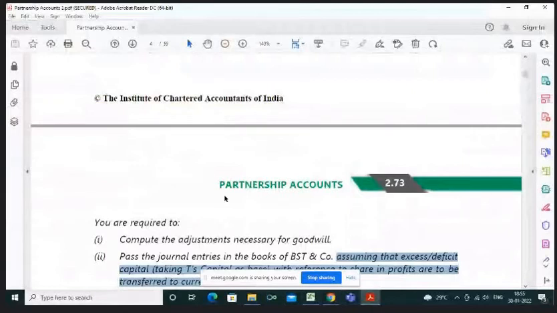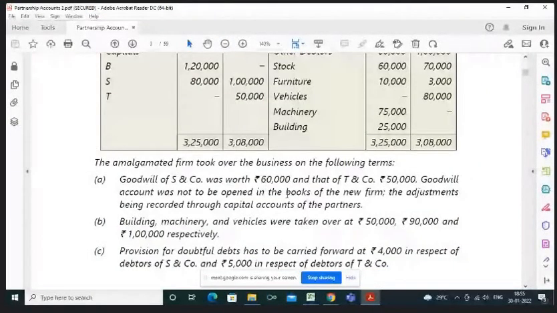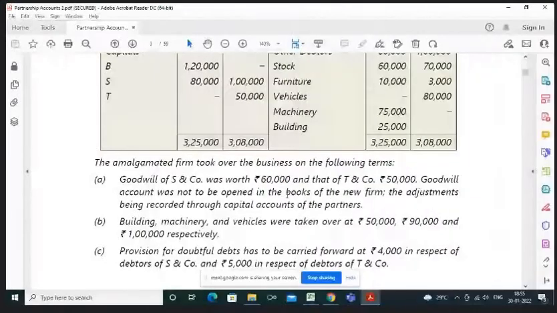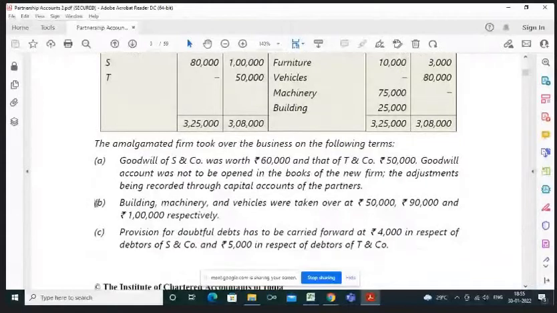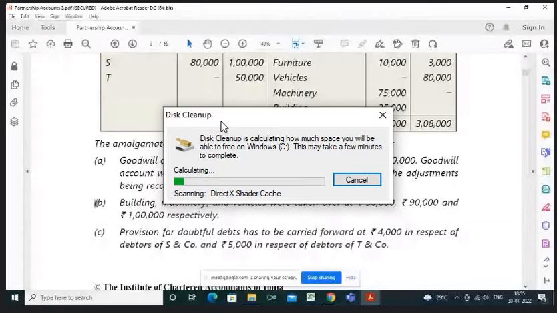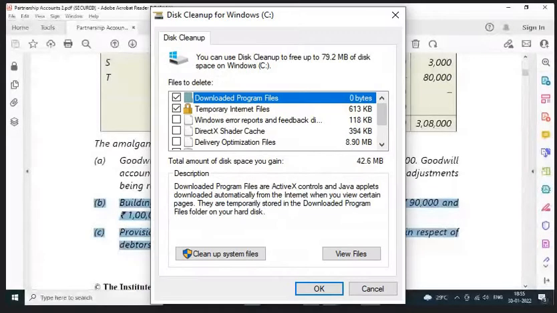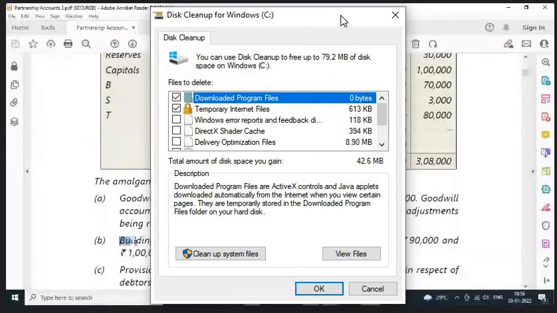What is revaluation? Whenever book value and the value at which the assets and liabilities are taken differ. These two clauses, clause B and C, talk about revaluation. So I will take the case of S&Co.